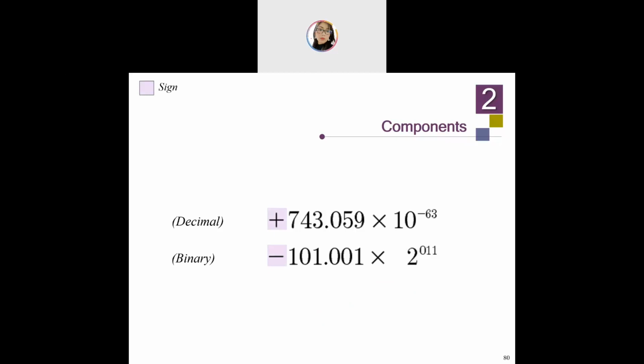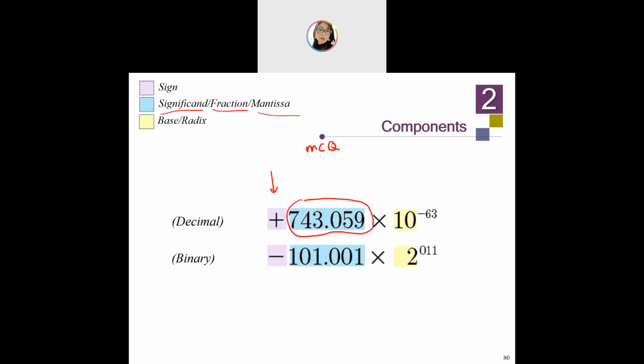Let's look directly. Okay, this one you can see there is a sign here. We call this the significand, fraction, or mantissa. This is also a favorite question for the MCQ. You are given the value and the question asks, what is the mantissa for this value? If you don't know what the mantissa is, maybe you can just pick this one.